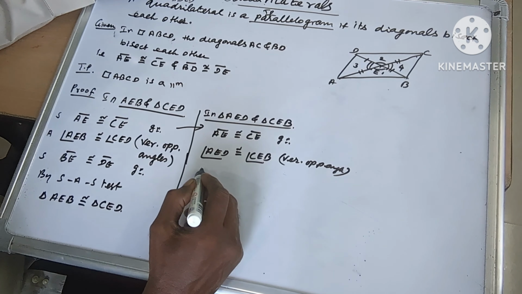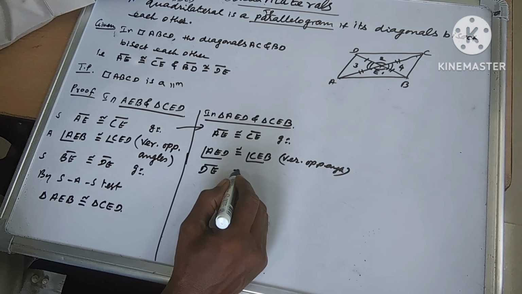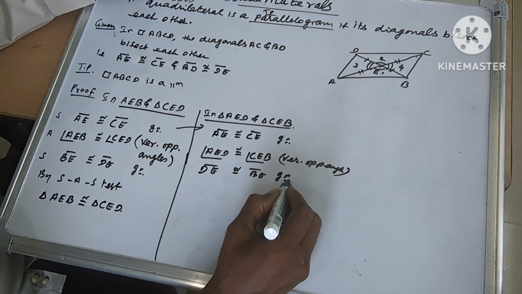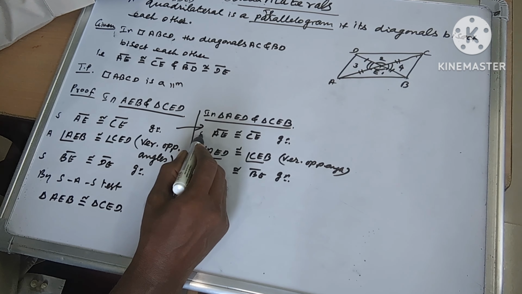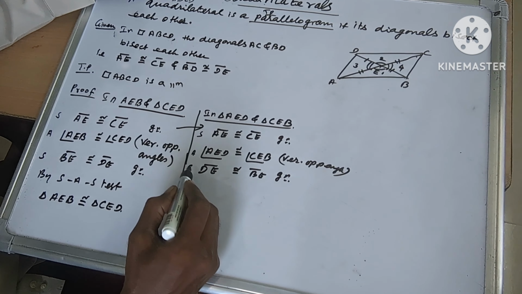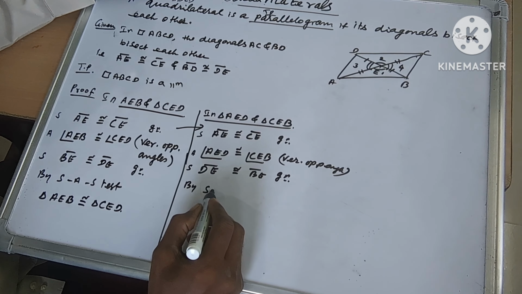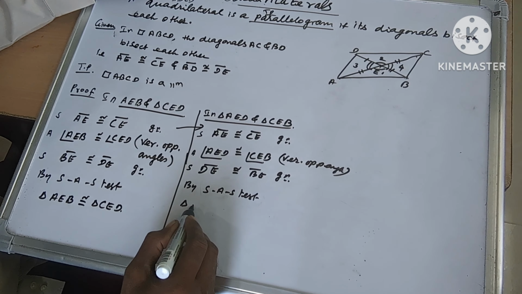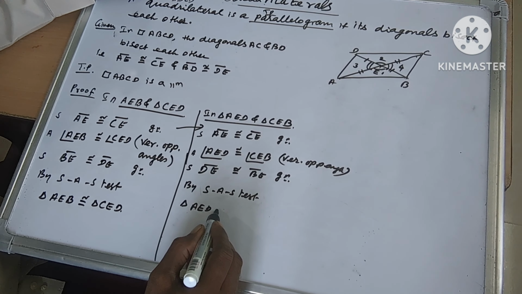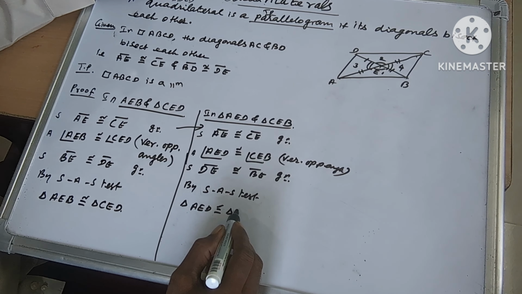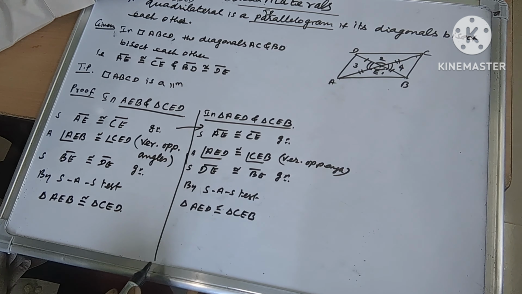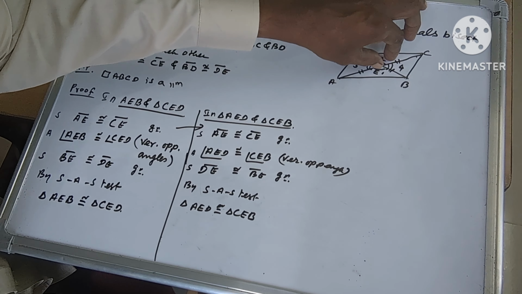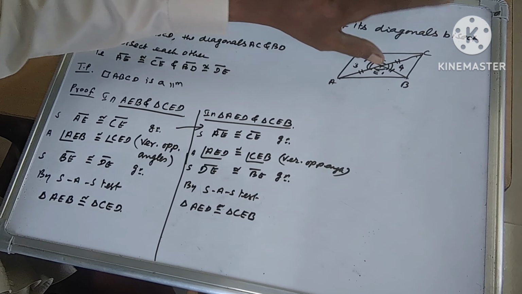Next, DE is congruent to DE, also given. Same test, SAS: triangle AED is congruent to triangle CEB. So triangles 1 and 2 are congruent, and 3 and 4 are congruent.